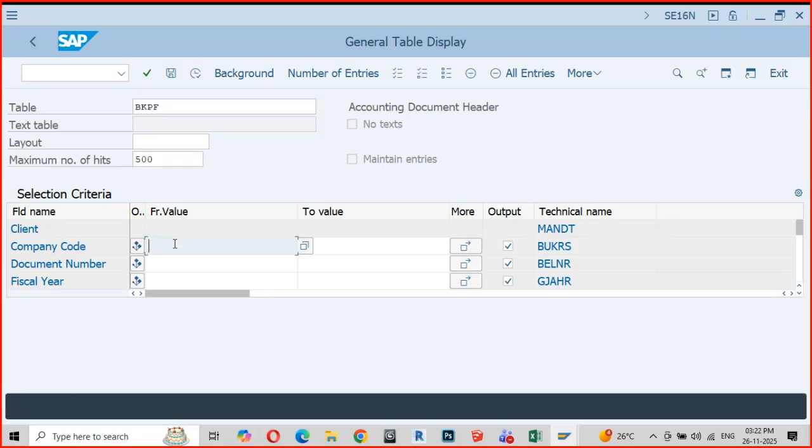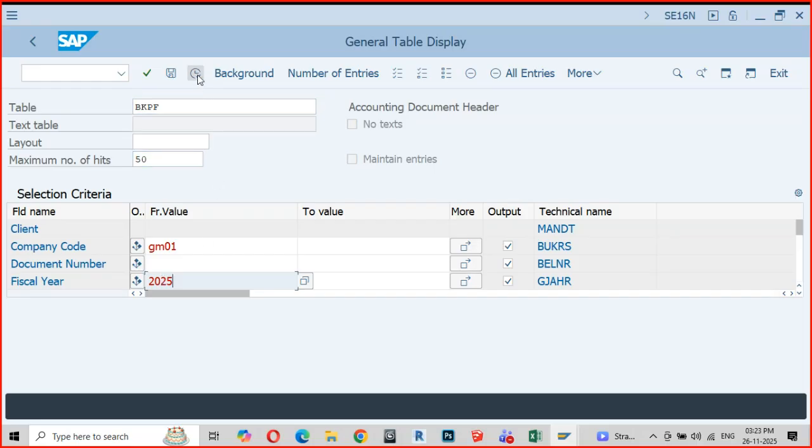I will pick the company code GM01. So what am I extracting? I am extracting the header information of the documents in company code GM01. I can also mention the document number, that is also okay. So execute. I will restrict myself to a maximum of 100 or even 50, for fiscal year 2025.